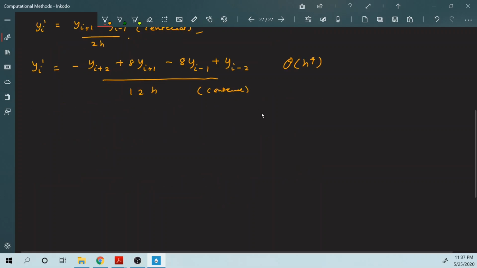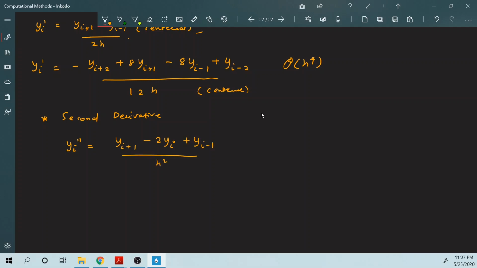Okay. Similarly for the second derivative, this is going to be divided by h square. And what is the error? Obviously it's going to be h square. Okay.